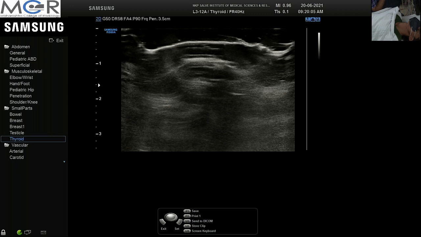Then we come down to the upper cervical, mid cervical and lower cervical region. Then we go to the posterior triangle, supraclavicular fossa and posterior triangle, and in the end we come in the midline. So this sequential examination of the neck ensures that each and every part of the neck is examined and the lesions are not missed.